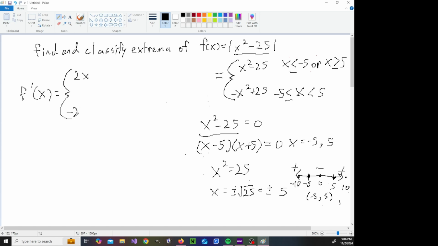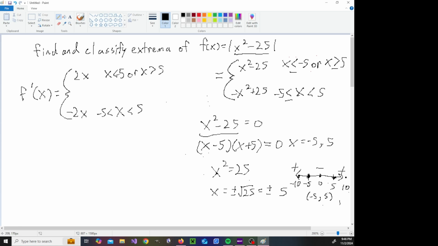That is negative 2x, and the derivative of 25 is 0. Great. So now the catch is on what intervals does this happen? Well, this derivative happened at the top piece where x was less than negative 5 or greater than positive 5. And this happened when x was instead between those values.